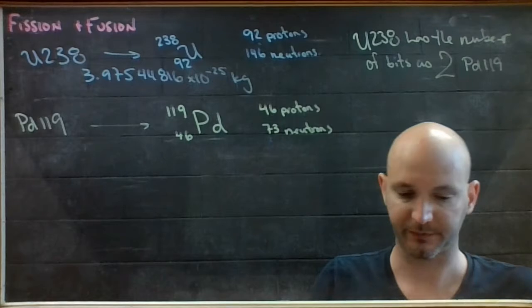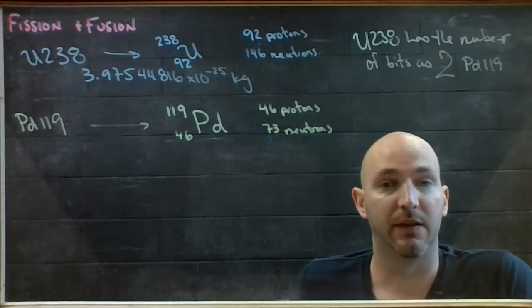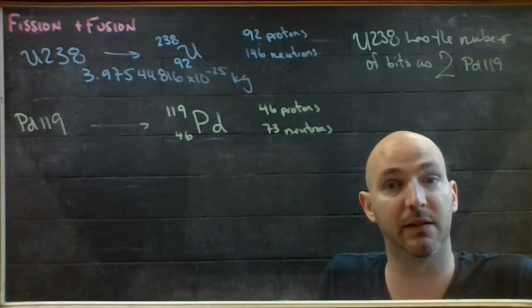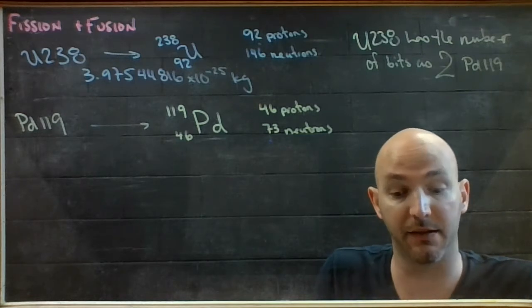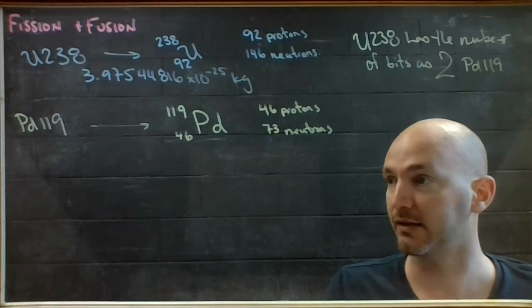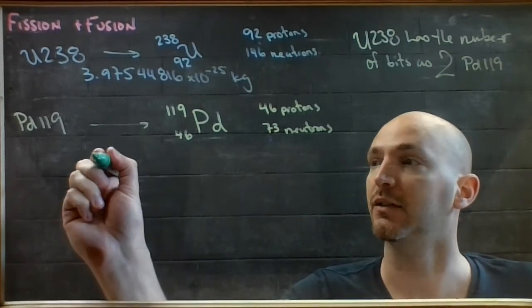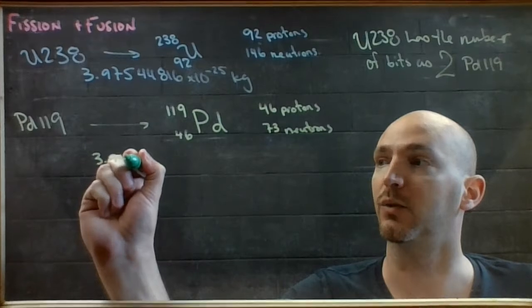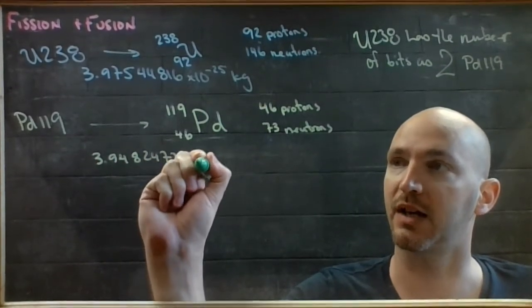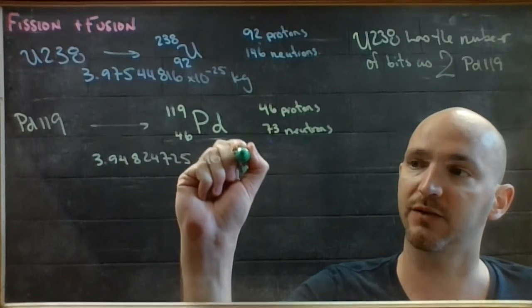Okay. So, if I were to go to Wikipedia and look up the mass of palladium 119 and double it, I would get, let's see, 3.948244725 times 10 to the negative 25 kilograms.